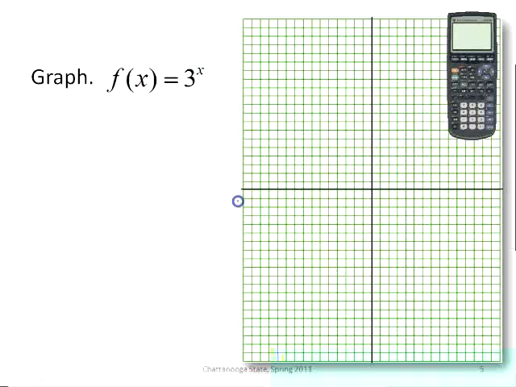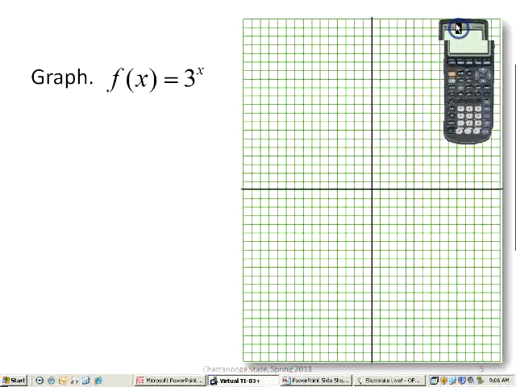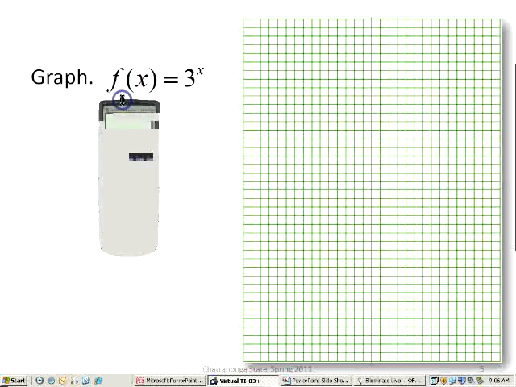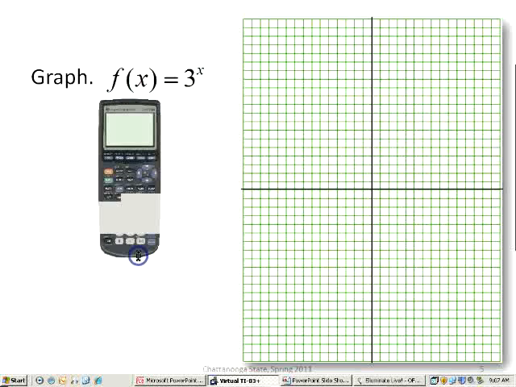So let's graph a function. In order to graph these functions, what we really want to do is get the table of values here. So let me pull my calculator over. Make it bigger so we can see it.